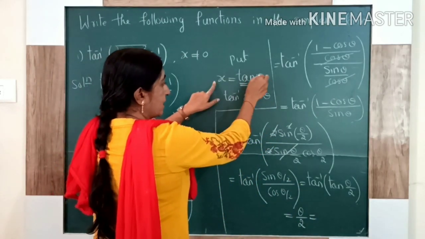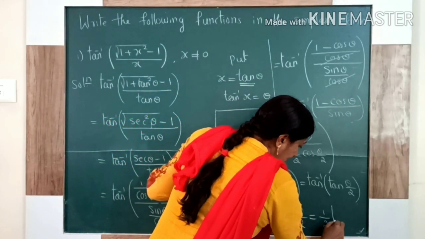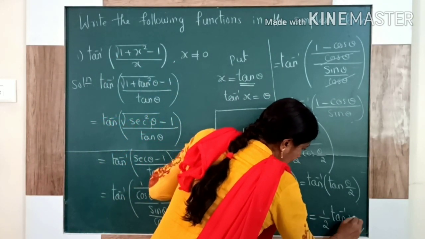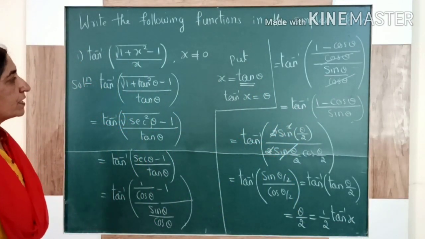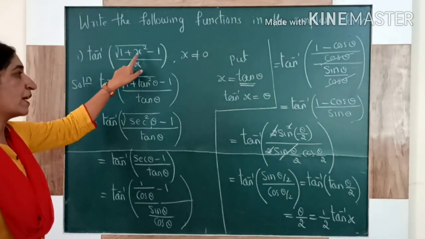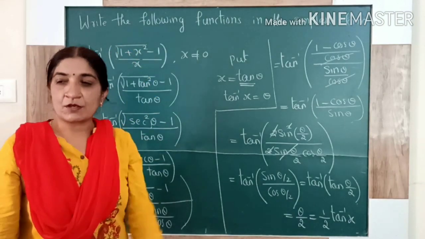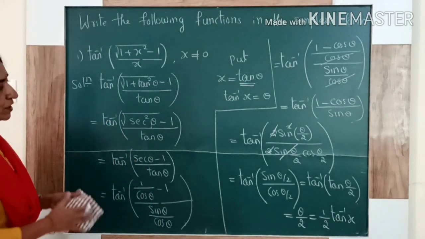I kept x as tan theta, so theta is tan inverse of x. So the answer is 1 by 2 into tan inverse of x. This is not with LHS or RHS, they just want the simplest form. And the main hint is, if it is root of 1 plus x square, put x is equal to tan theta. I hope you understood this example.